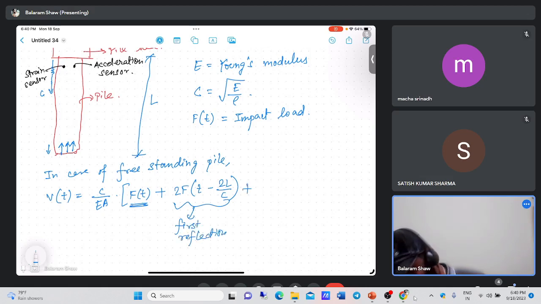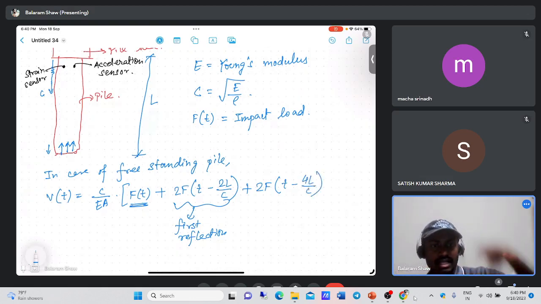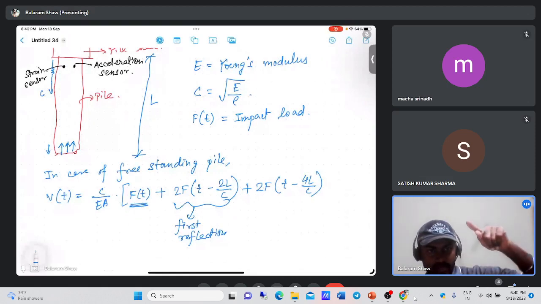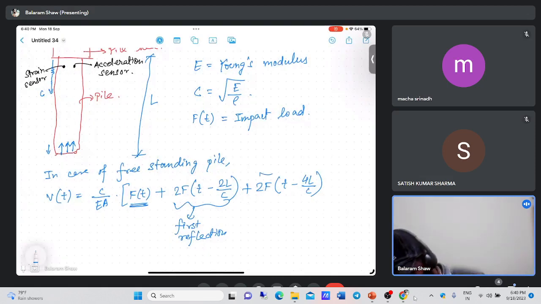Then again it will come and again it will go up. So it will be 2F of t minus 4L by c, because now it is the second reflection. This means it has traveled once down, again went up, again came down, again went up, like that. So this will be my second reflection. Then it will be 2F of t minus 6L by c, like that.